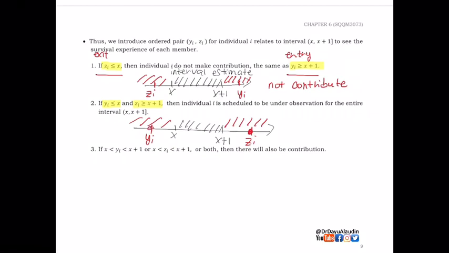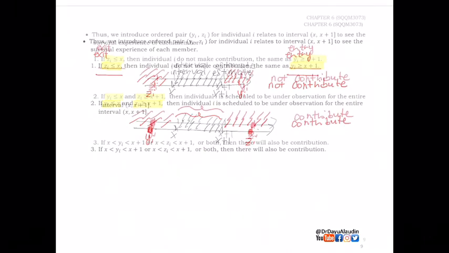So we take 1 point here and 1 point here. The interval estimate is in between the entry age and the exit age, so we consider this as contributing to the interval.